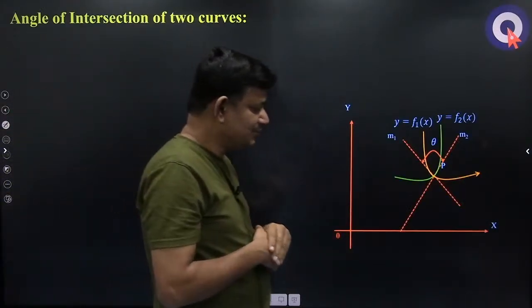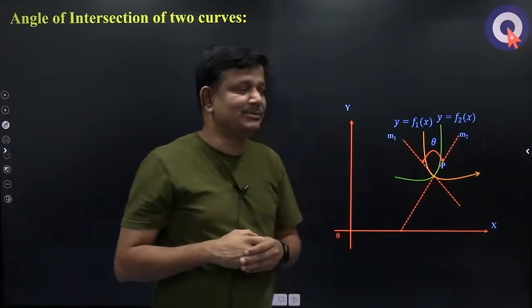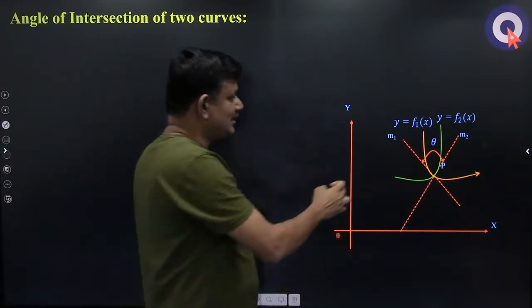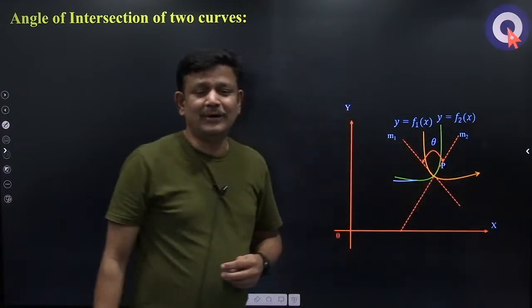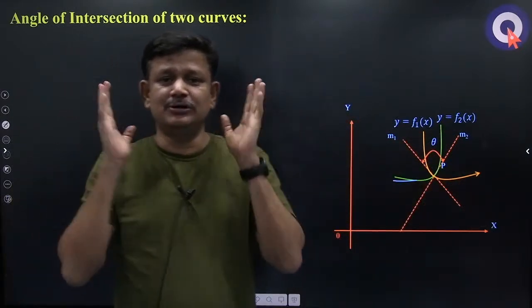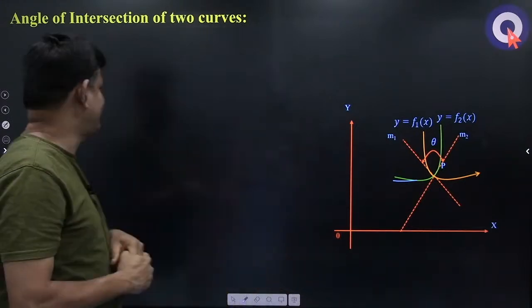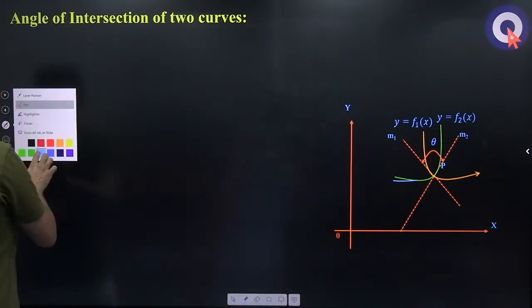Then you have a concept called angle of intersection between two curves. Let's say there are two curves, y is equal to f1 of x and f2 of x. To find angle of intersection, what you have to simply do is find the point of intersection. First step is to find the point of intersection.